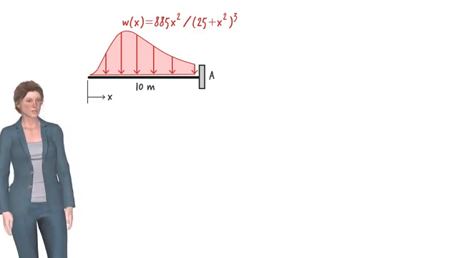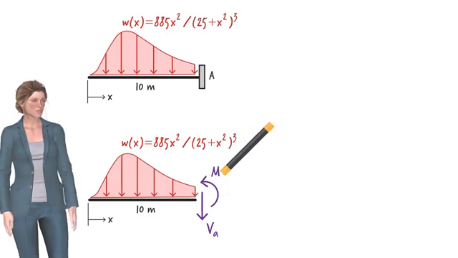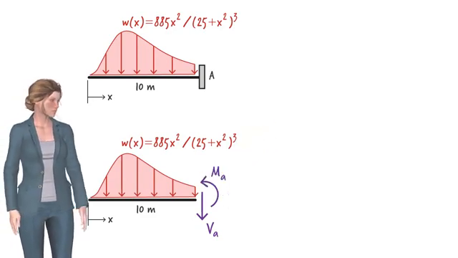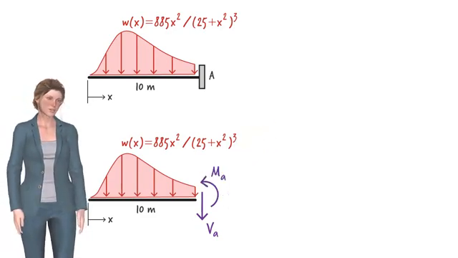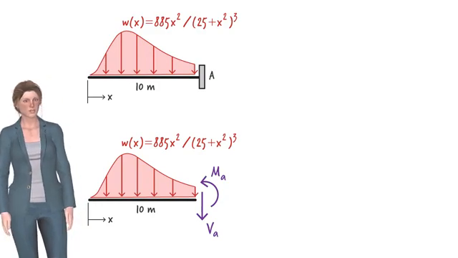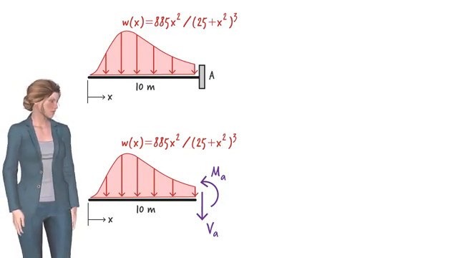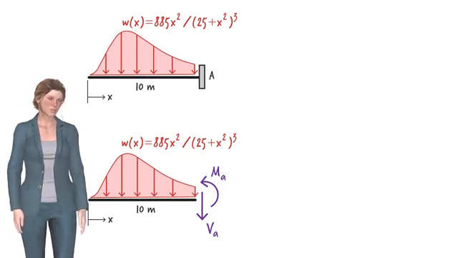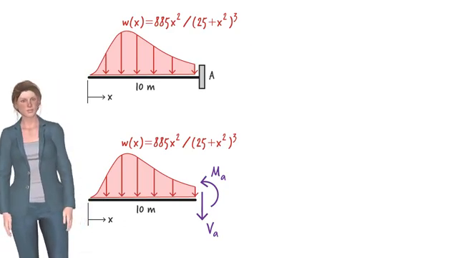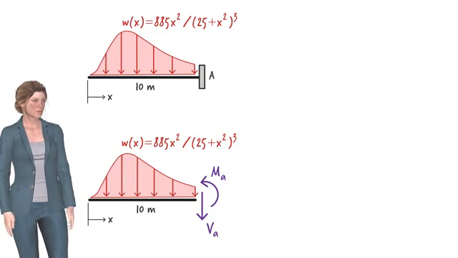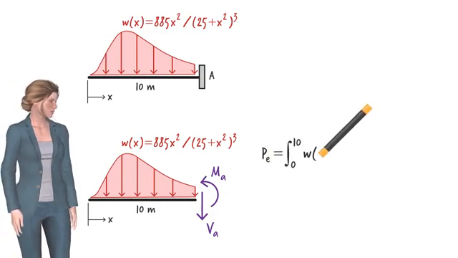We cut the beam very close to the support and draw its free body diagram. In order to write the equilibrium equations, we need to replace the distributed load with its equivalent concentrated load. Given the nonlinear nature of the load, we have no choice but to integrate the function in order to determine the total load.